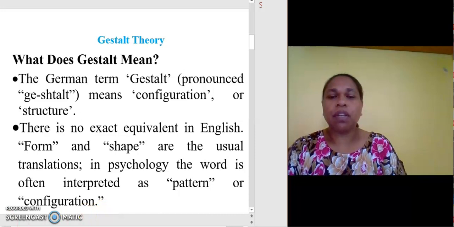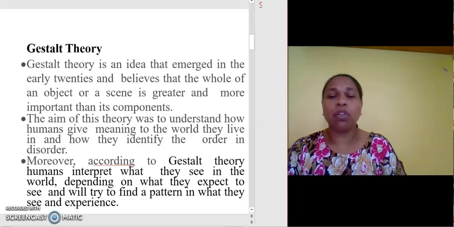So Gestalt theory is an idea that emerged in the early 20s and believes that the whole of an object was seen as greater than and more important than its components or parts. This idea contributed to the study of sensation and perception, which we are going to look at in the next PowerPoint presentation.